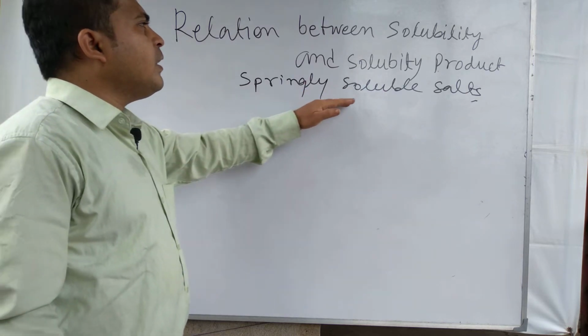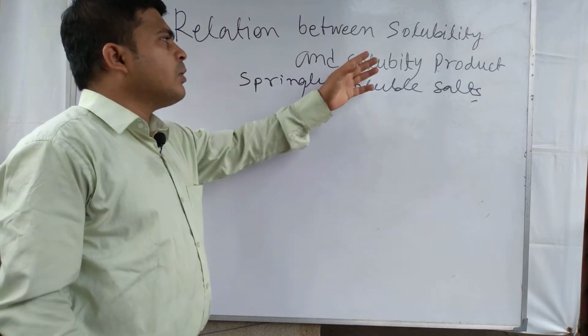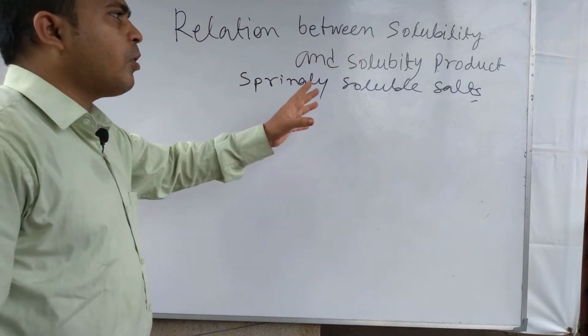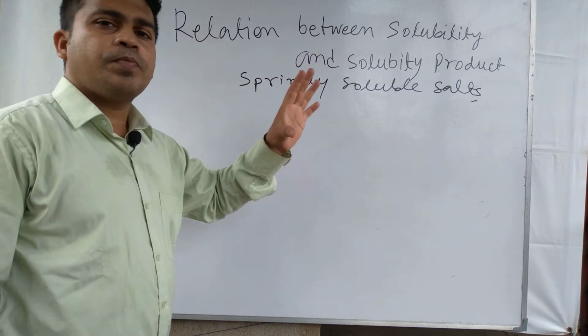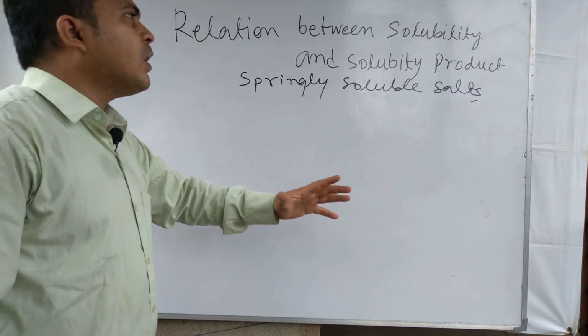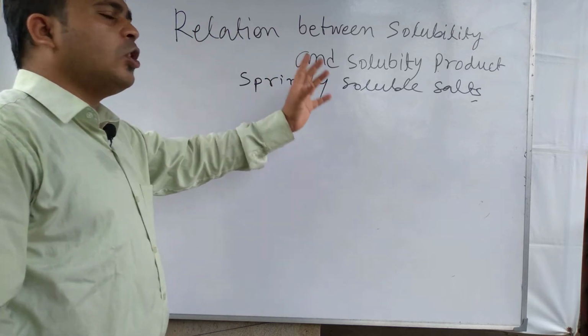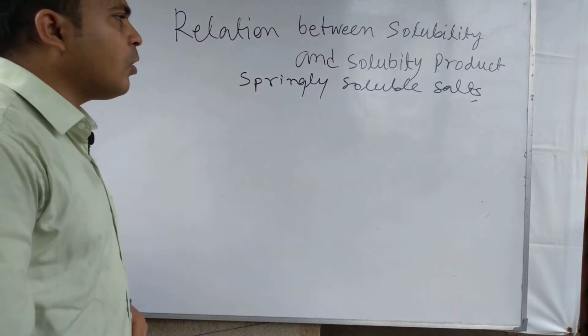And for sparingly soluble salts, the relationship between the solubility and solubility product is the main topic of discussion right now. So we have to discuss what the relationship is between the solubility and solubility products of sparingly soluble salts.